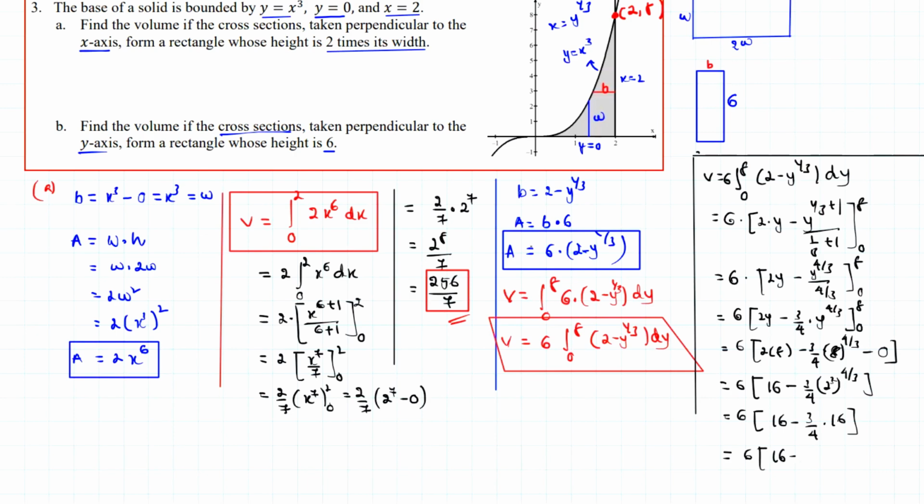So 16 minus 4 fours, that is 12. So that is 6 times 16 minus 12, which is 4, so 6 times 4 is 24. Therefore the volume of the cross sections perpendicular to the y-axis is 24 cubic units.